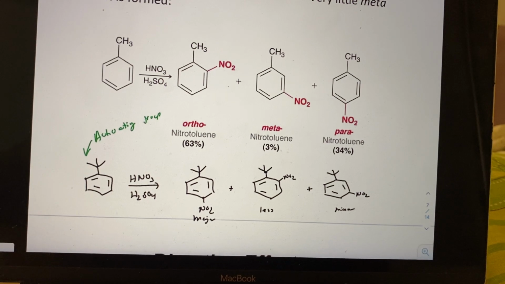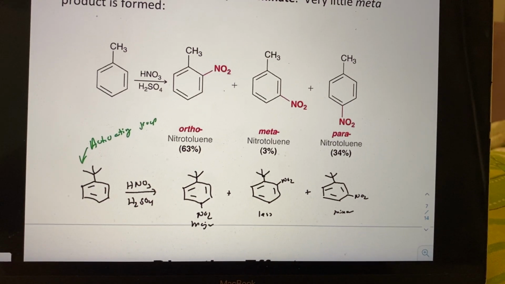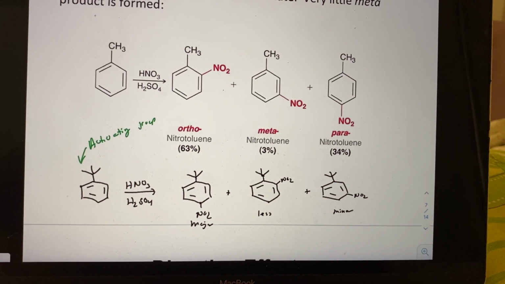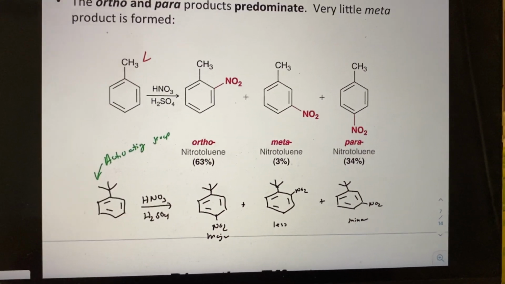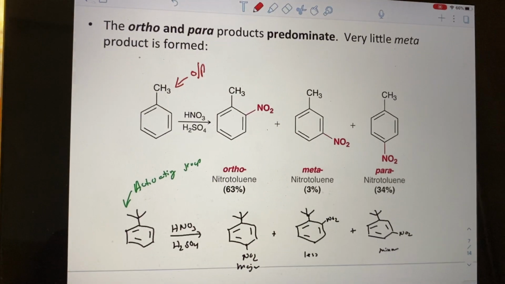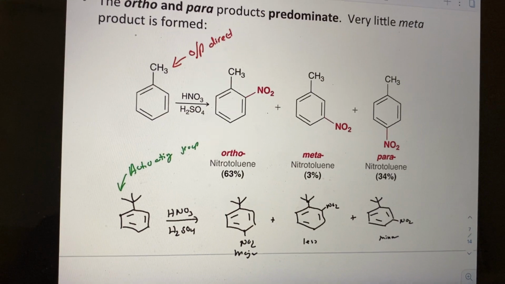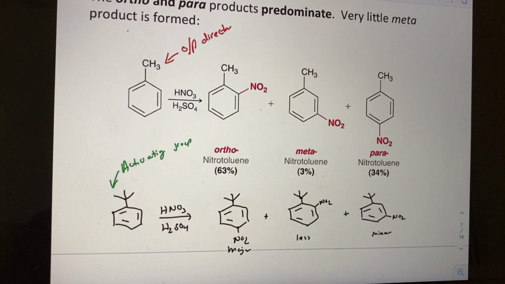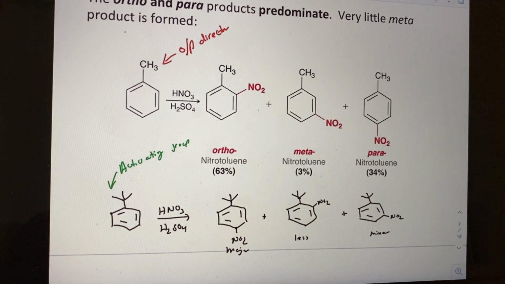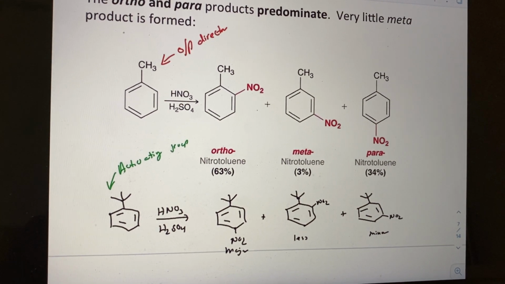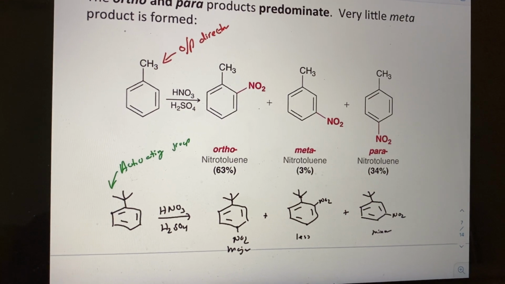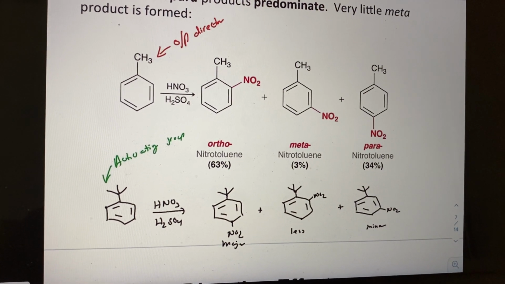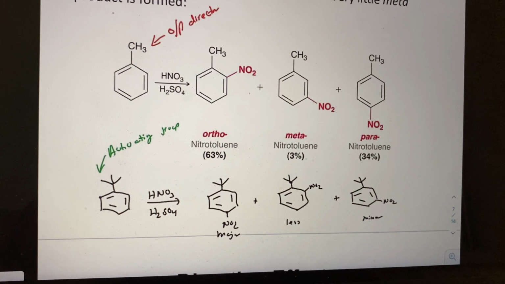So you want to make sure when we're talking about directing effects, and the language is an ortho-para director, let's put it here. This is an ortho-para director. We're talking about the group that's already attached to the ring. Sometimes I know it's confusing because we'll see cases where nitro is already on the ring. So the methyl group is ortho-para directing. It's directing the nitro group to be predominantly at the ortho or the para position.